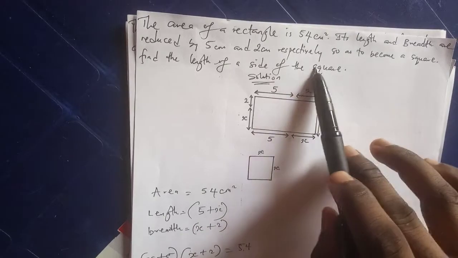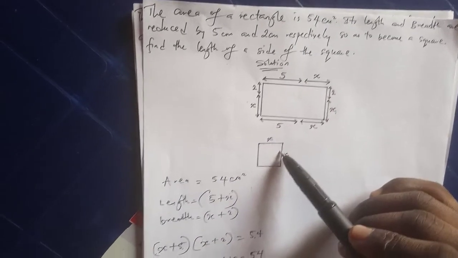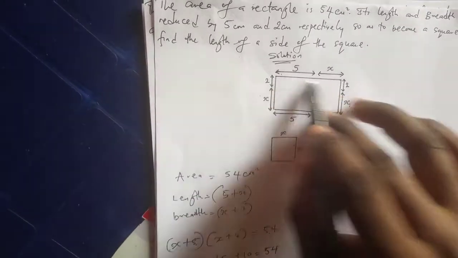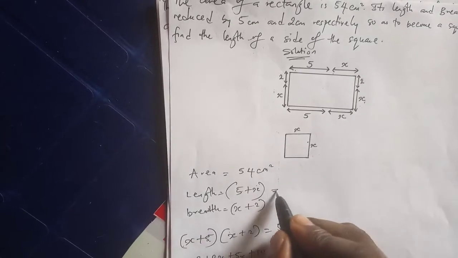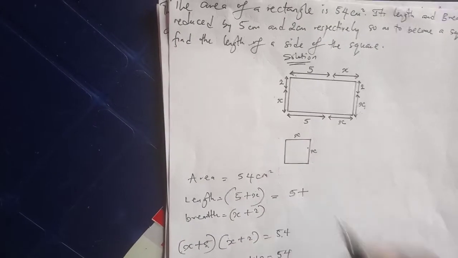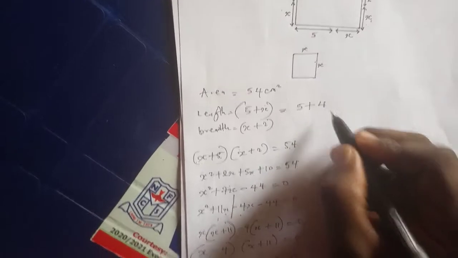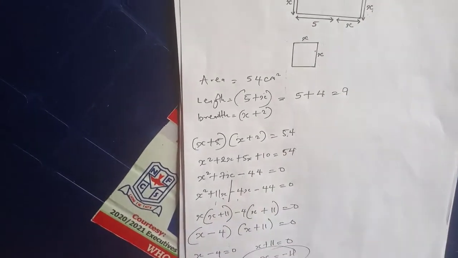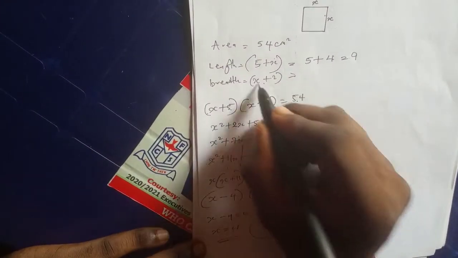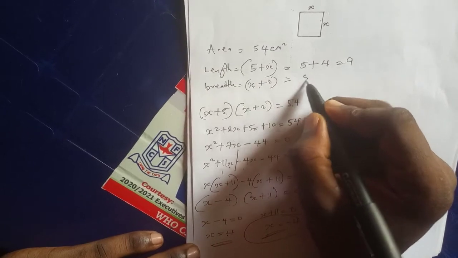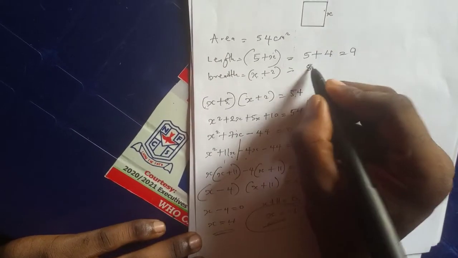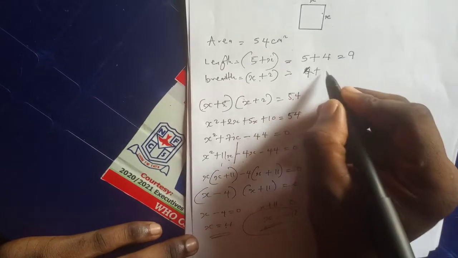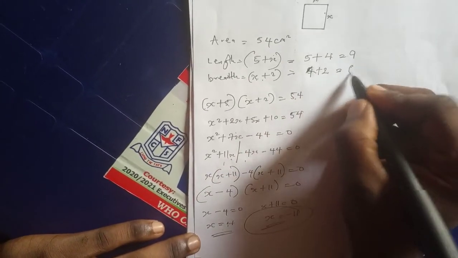So the length of the side of the square is 4, while my length here is 5 plus 4, which is equal to 9, and the breadth is 4 plus 2, which equals 6.